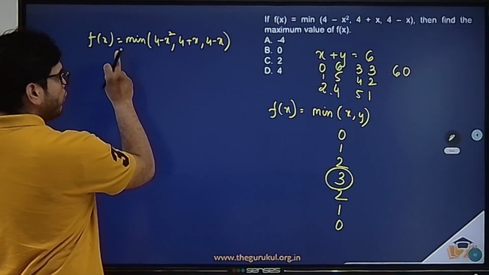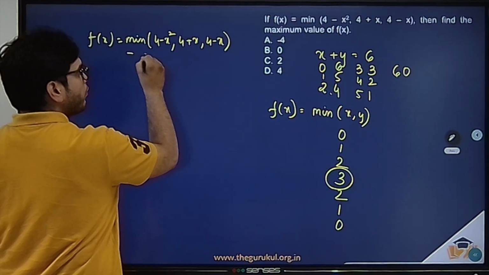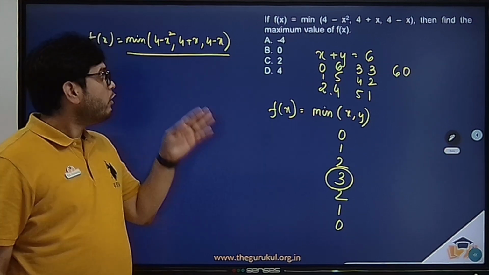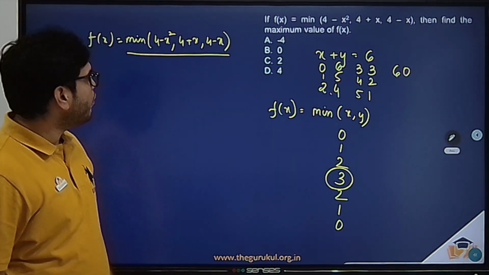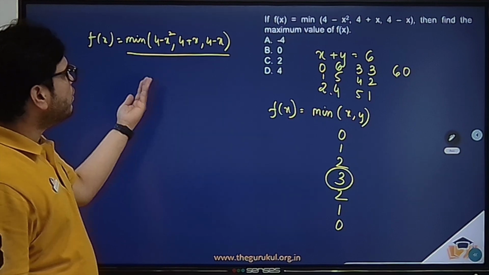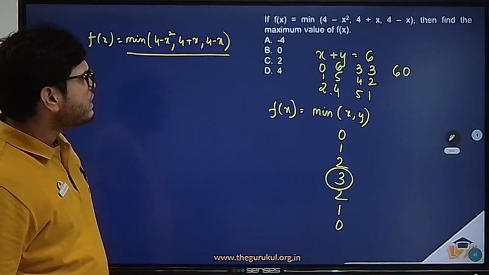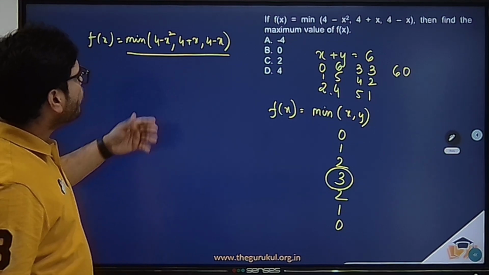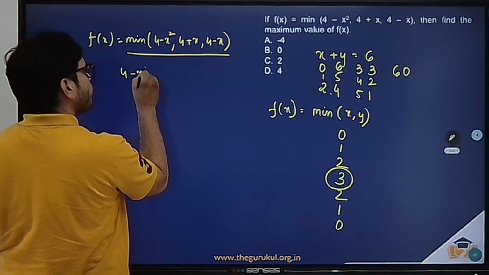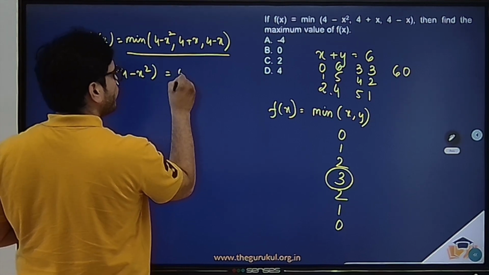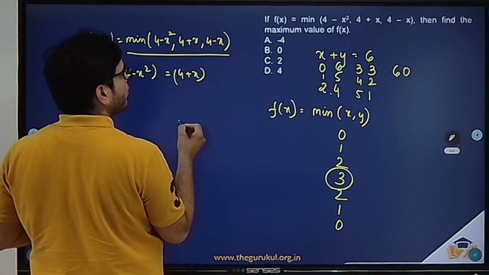Now we are asked to find the maximum value of this. You will get that when all the three are equal. Now what is the value of x when all these three are equal? So 4 minus x square should be equal to 4 plus x, right?